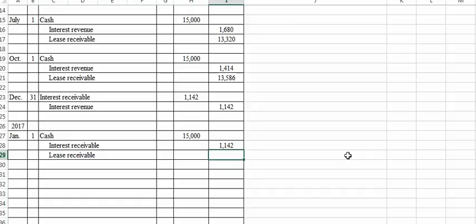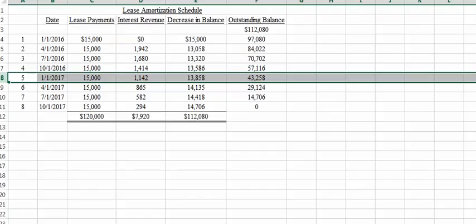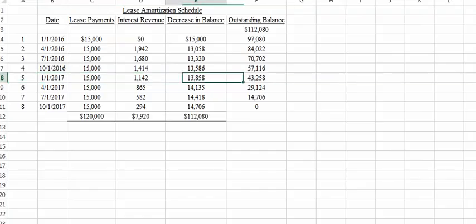Let's check it two ways. It should be the amount of the payment minus the interest. That's $13,858. That should also be the decrease in the balance for January 1, 2017. If we look at our schedule, $13,858.